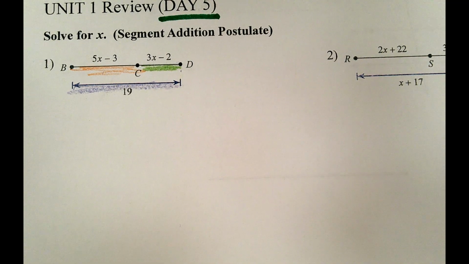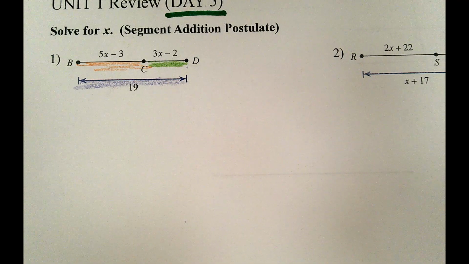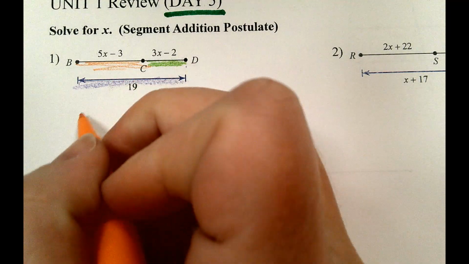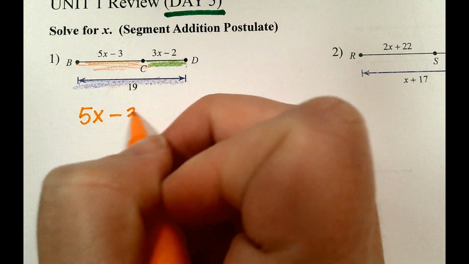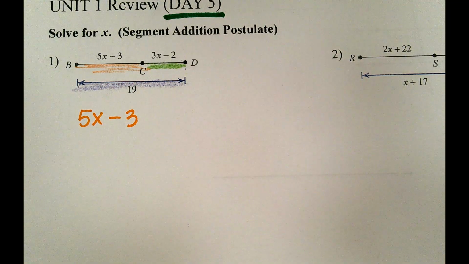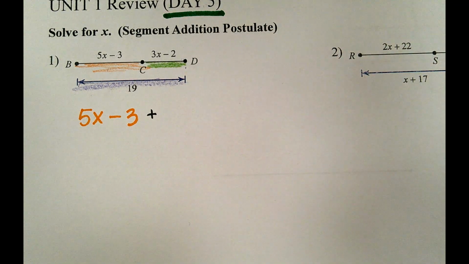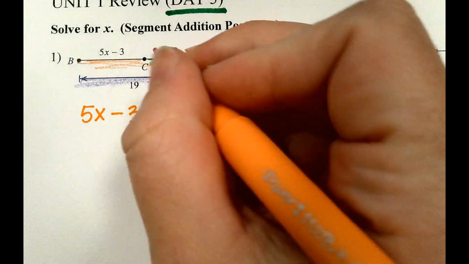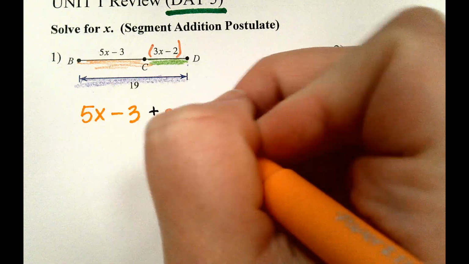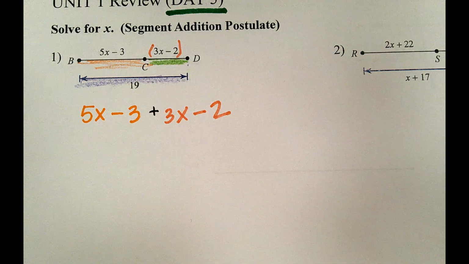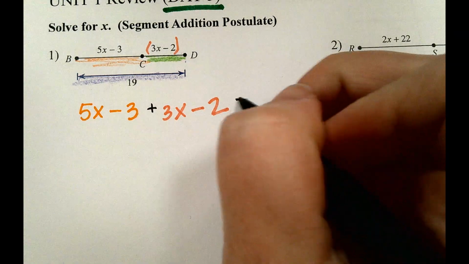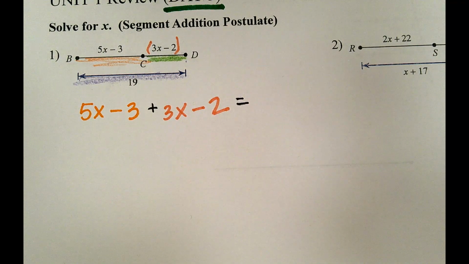What equation could I write? 5x minus 3 plus 3x minus 2 equals 19.